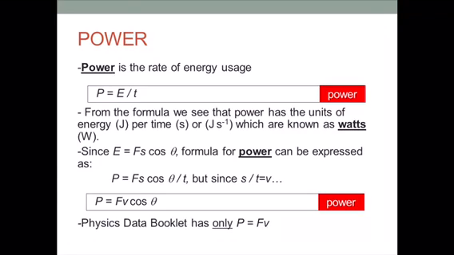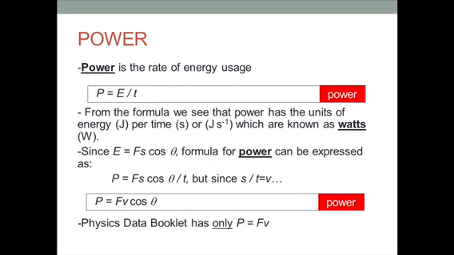Since we know that energy equals force times displacement times cosine theta, where theta is the angle between the direction of force and displacement, the formula for power can be expressed as the following. Power equals force times displacement times cosine theta divided by time. But since displacement divided by time is velocity, power can be written as force times velocity times cosine theta.